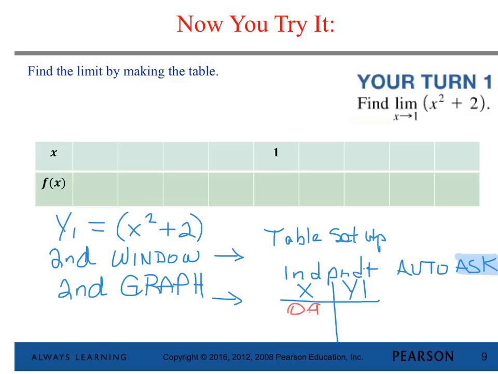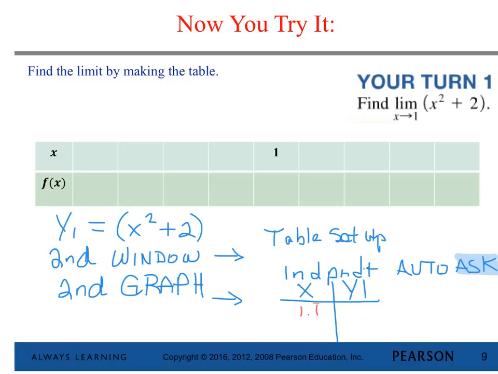Then, from the other side, a number that's very close to 1 would be 1.1. And then 1.01 and 1.001 and 1.0001, and see what you get close to.